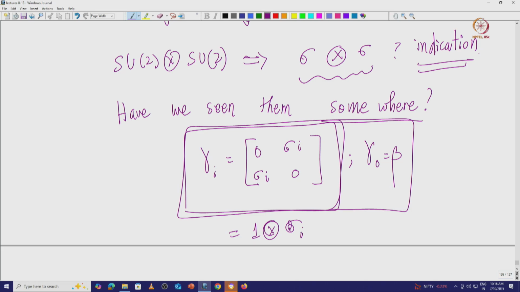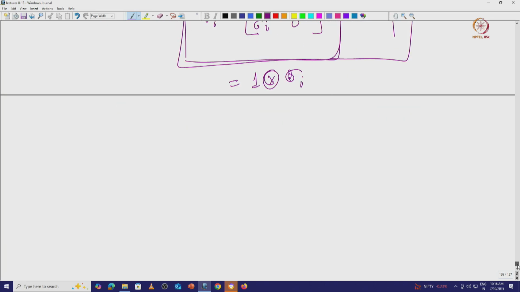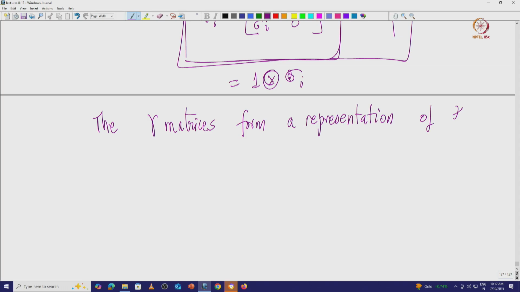We take sigma matrices and take the direct product of them. If you are going into 6 dimensions, you take the direct product of 3 sigma matrices and so on. So, the gamma matrices form a representation of the Lorentz group.